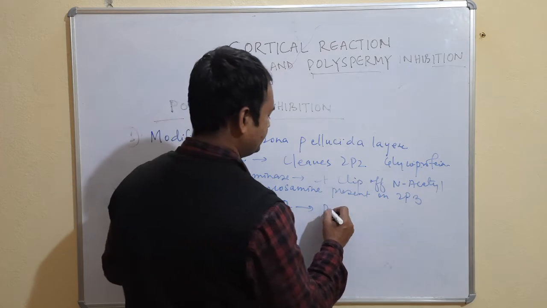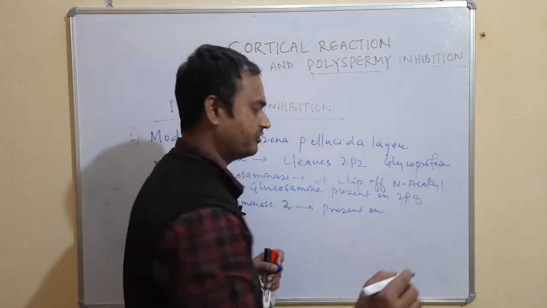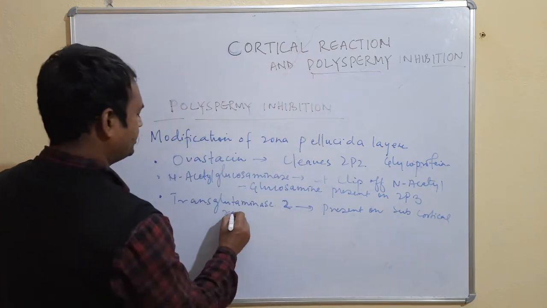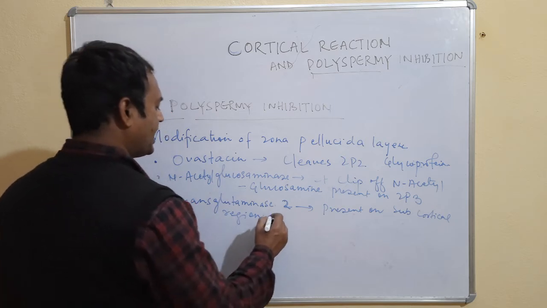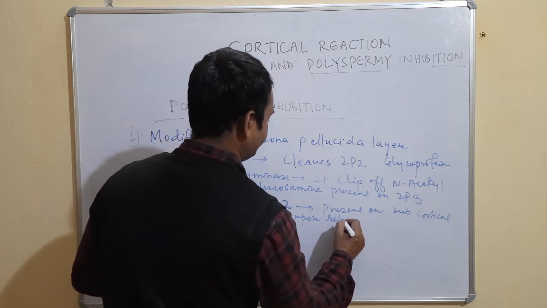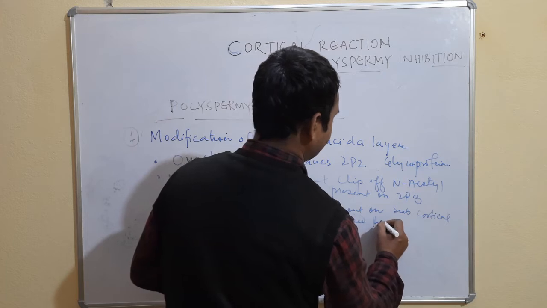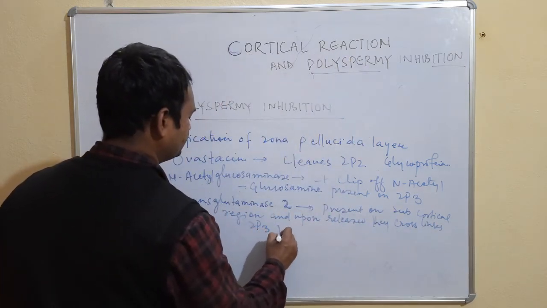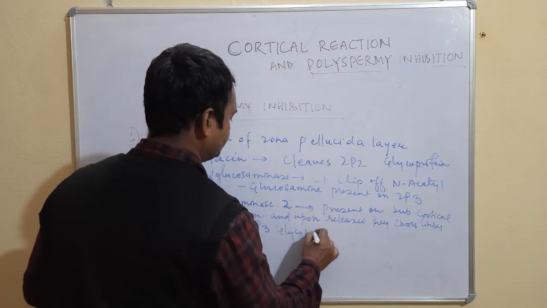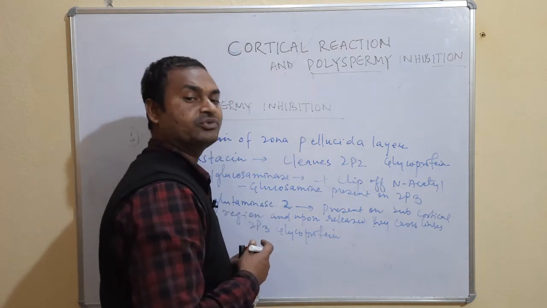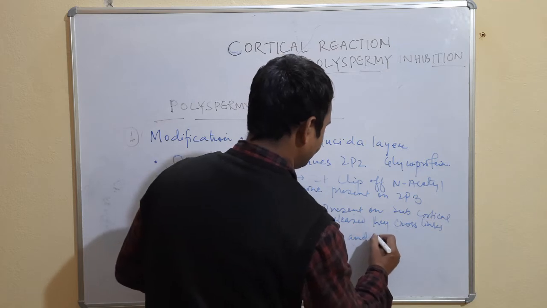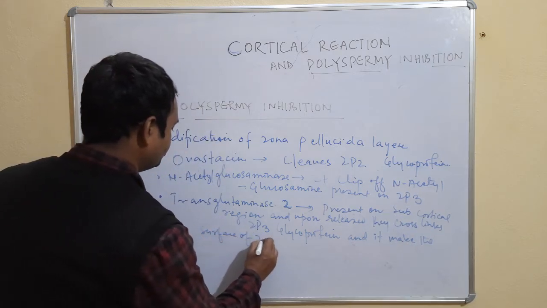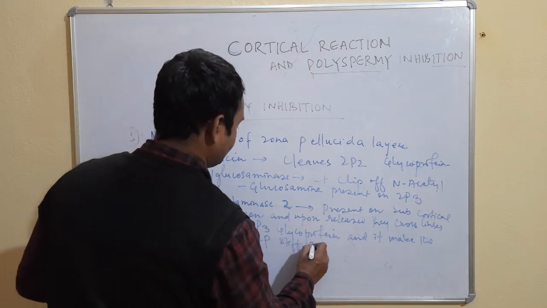Transglutaminase 2 is present on the subcortical region, okay, and upon release, it cross-links the zona pellucida 3 glycoprotein, and it makes the surface of the zona pellucida stiff and hard.